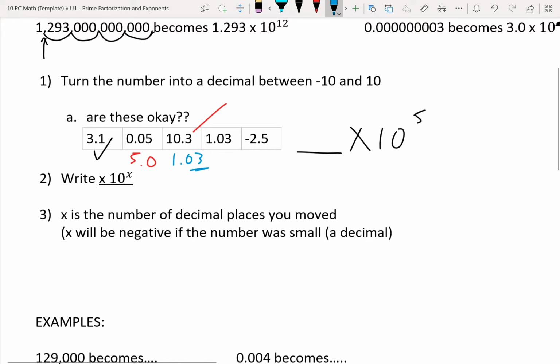We want to keep that 3 because it's still significant. Okay? This one works. This one works too. It's just a negative number. Okay? It would still follow the same rules. We could still do negative 2.5 times 10 to the 5, which means really it's negative 2 that. That's really what it is, actually.